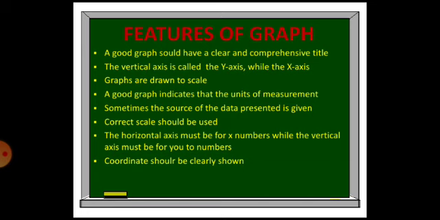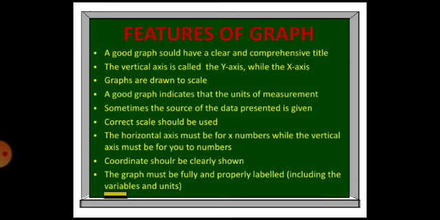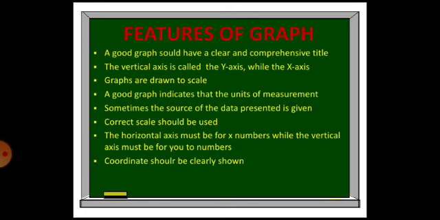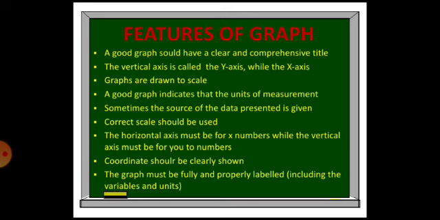As you use your table to plot the relationship between these two variables, the coordinates should be well stated in your graph. Another thing before I forget, your graph must be properly labeled, including the variables and their units. All these things should be stated.